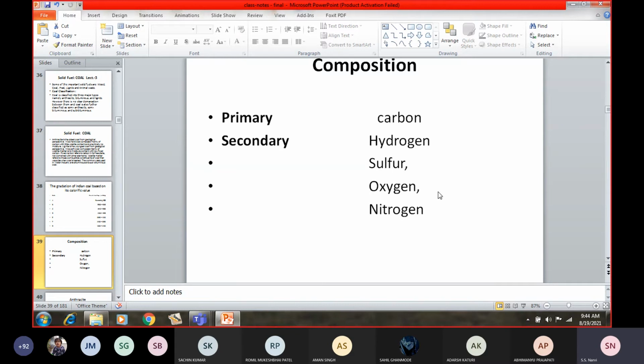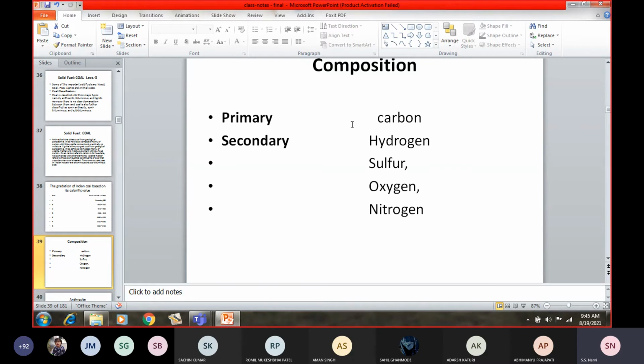So generally, these elements are present along with, depending upon the nature of the coal, a good amount of oxides of metal, iron, also. Oxides of metal, iron, or non-combustible material is also there.